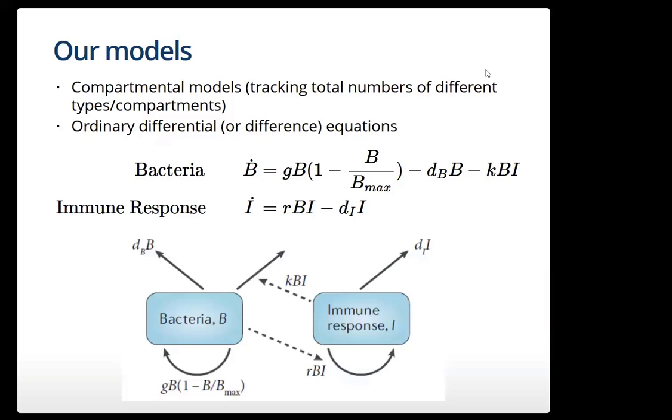For the immune response, we have two terms. The immune response grows at rate r proportional to how many bacteria there are, so if there are more bacteria, you get faster growth, and less if there are fewer. Then the immune response decays at some constant rate, independent of how many bacteria there are. For each of those terms, you need to decide how you want to implement it, and we'll get into that a little bit. There are often more than one reasonable way to implement things.